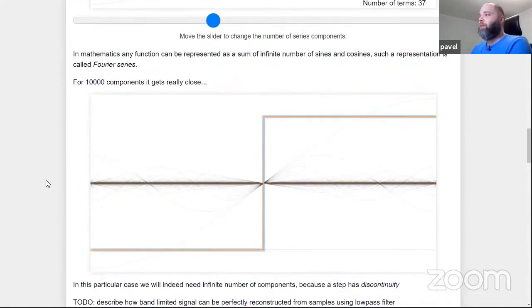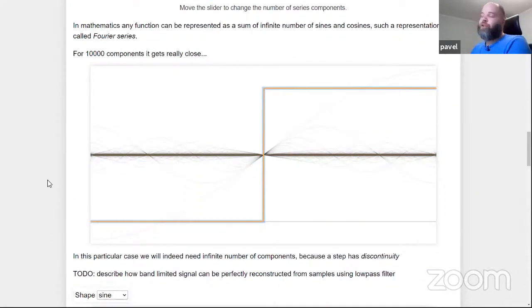And so eventually what the Nyquist-Shannon theorem says is that you can reconstruct the signal exactly if the initial signal is band limited and we pass this reconstructed signal through a low pass filter. Low pass filter means that we pass all the low frequencies and filter out all the high frequencies.